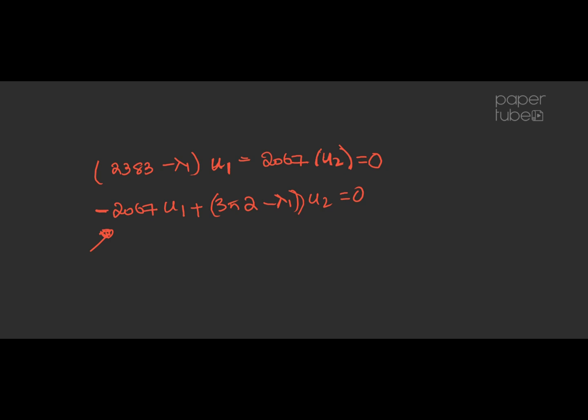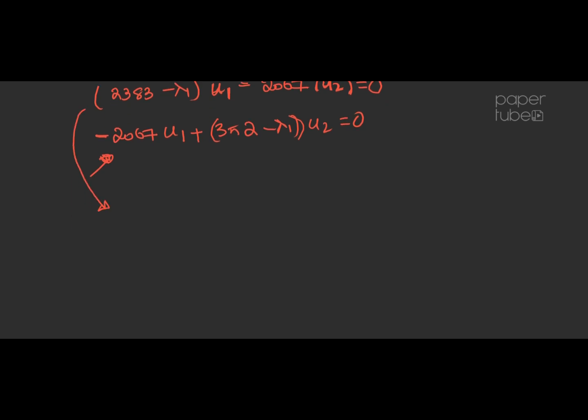So expand this equation. I'm going to take only one expression. That should be enough to get the eigenvectors. This is a very tricky expression. Since you don't have a computer, we can set some rules to solve this equation.